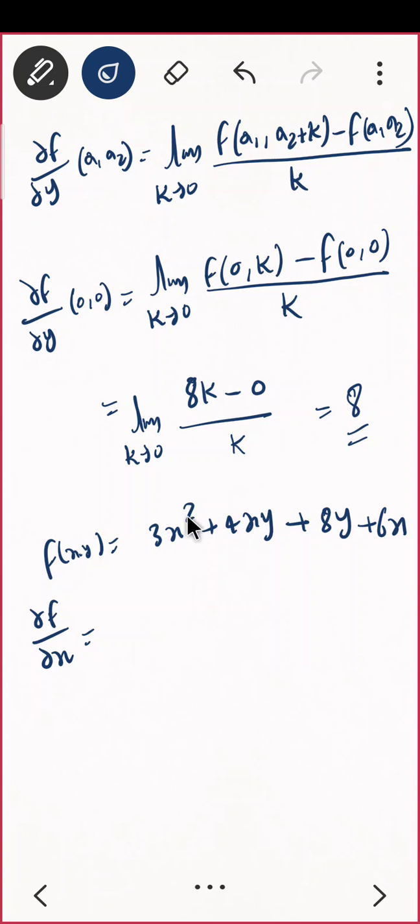So its derivative with respect to x will be 6x, correct. What about this? This will be 4y. What about this? This is 0. And what about this? This will be 6. Do you agree? And at 0, 0, the answer came 6. You can verify, we solved the same one earlier too.